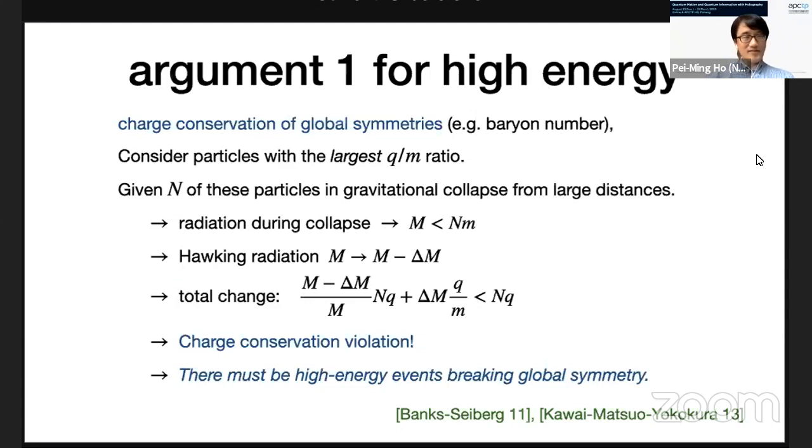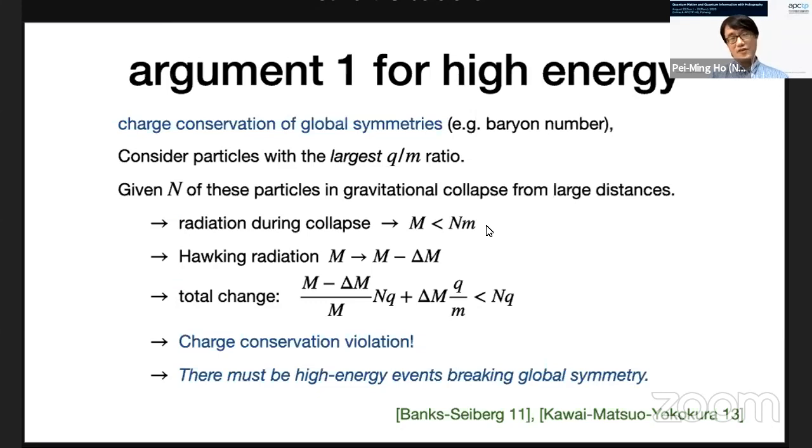And then you can imagine taking a large number, n, of these particles, and let them collapse to make a black hole. And so during the collapse, every particle has gravitational potential energy. And so in the end, the black hole has a total mass that is smaller than n times the mass of each particle, because of the gravitational energy.